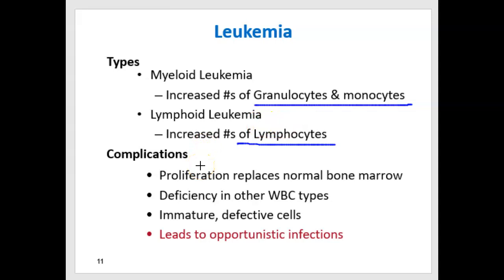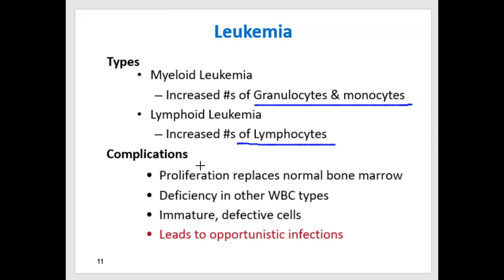Now, the complications of leukemia are that the proliferation of all these white blood cells through the process of mitosis will replace normal bone marrow. So you'll get deficiency in other blood cells, like fewer red blood cells, fewer platelets, and maybe deficiency in other white blood cell types, depending on how specific the leukemia is.